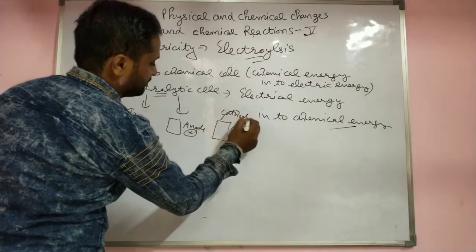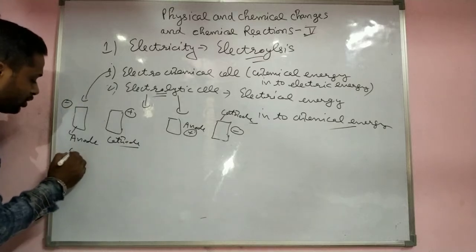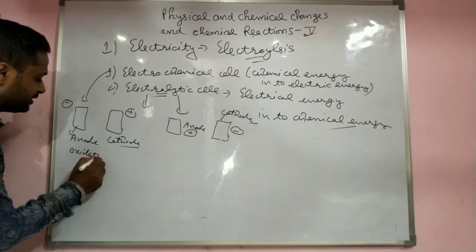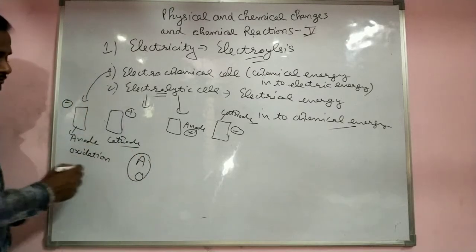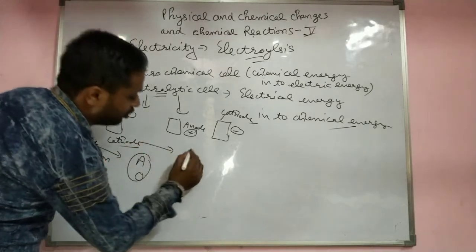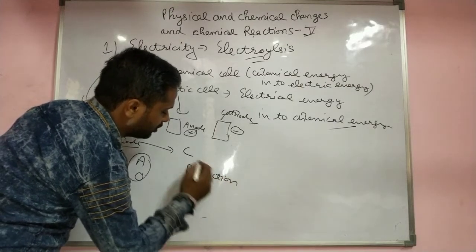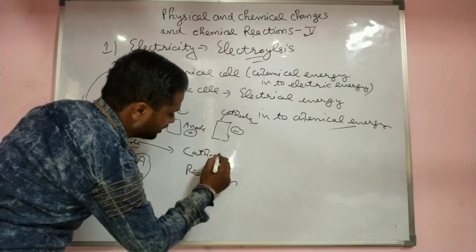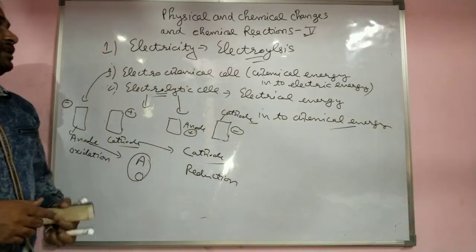Keep in mind, anode always has the oxidation reaction, because A and O both are vowels. Cathode, C, reduction. On the cathode there is always a reduction reaction.